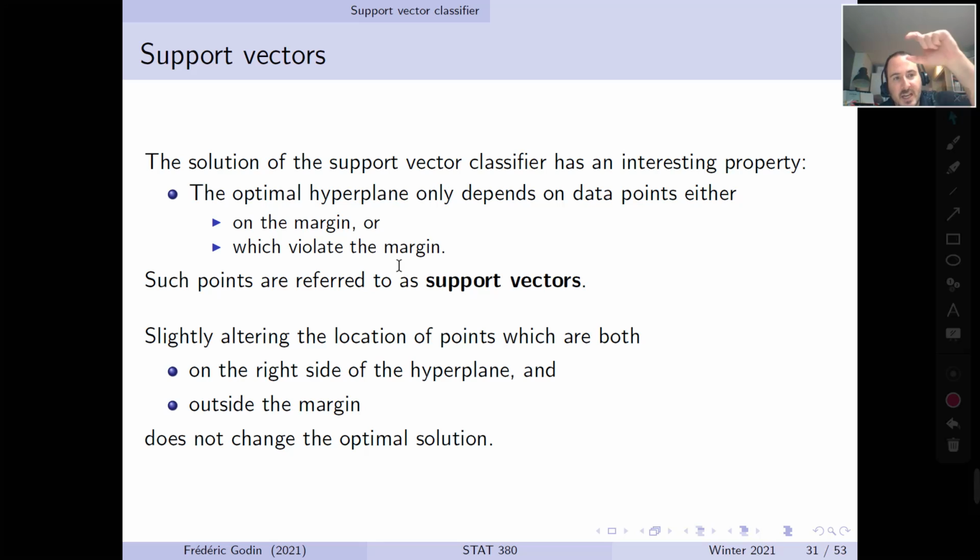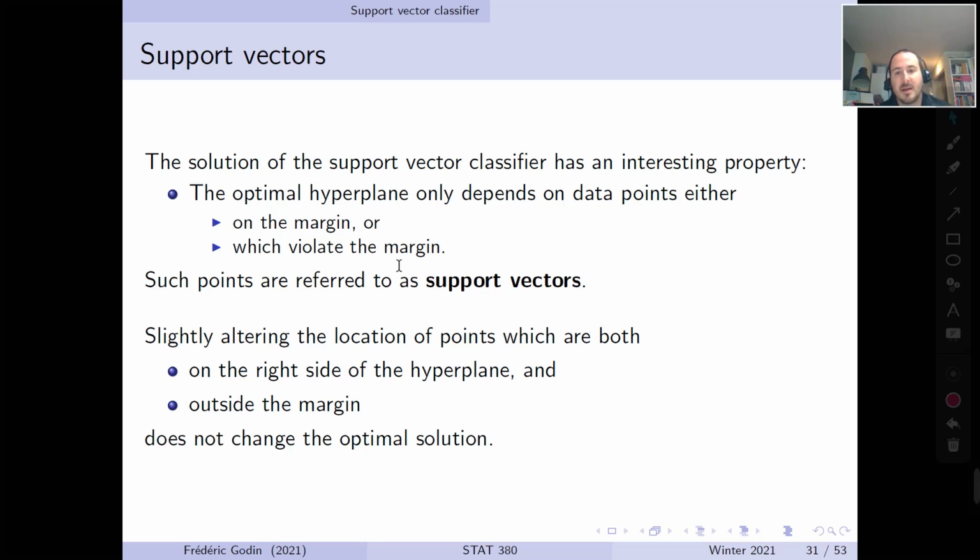Okay, so if you change the location of points violating the margin, they might need a higher or a lower epsilon, and by adjusting the epsilon for this observation, you might also give some slack for other observations for violations, so this would change the optimal solution.